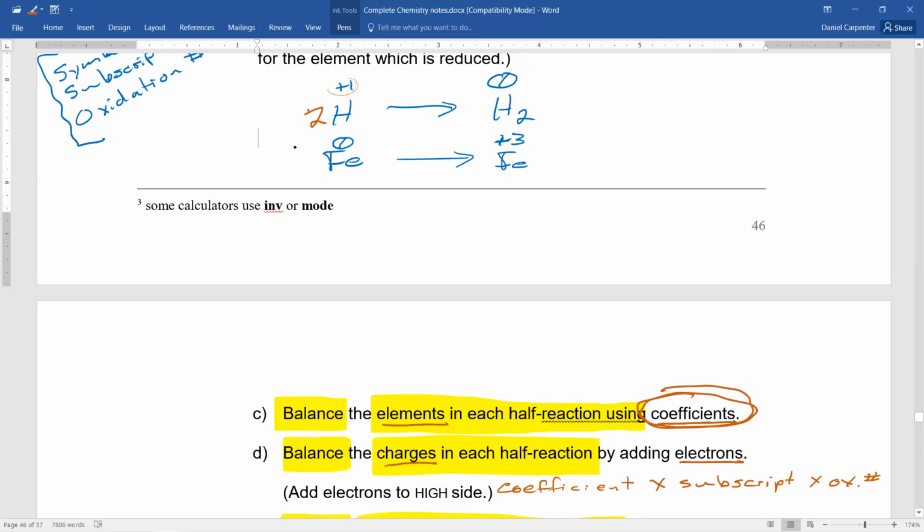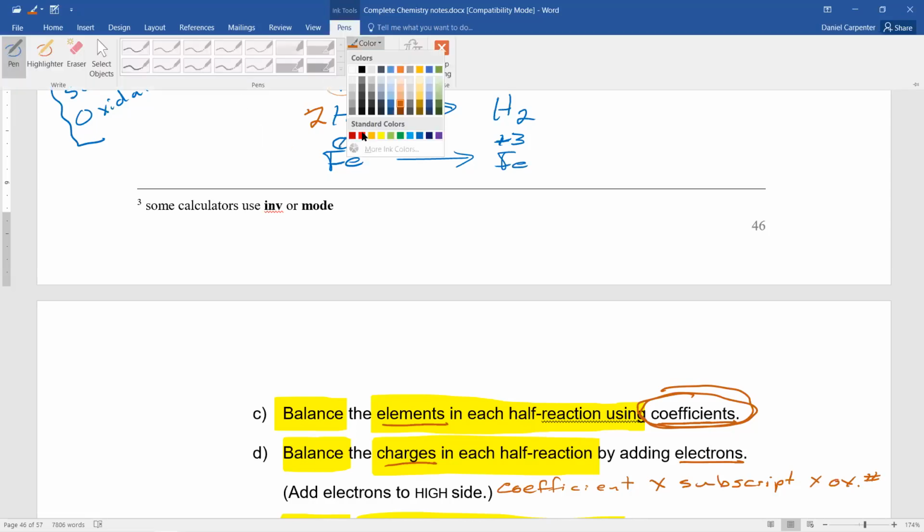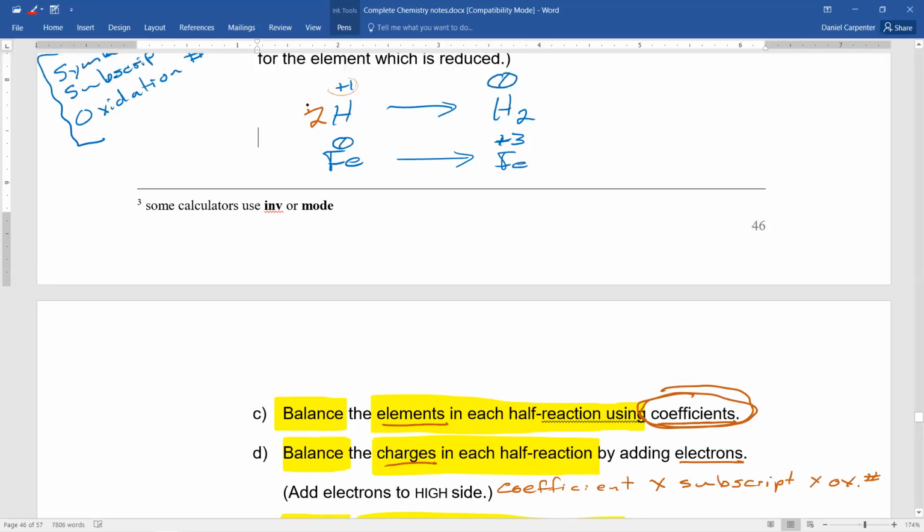So two coefficient times subscript, understood 1, so 2 times 1 times oxidation number.